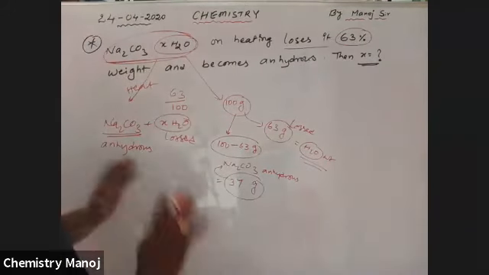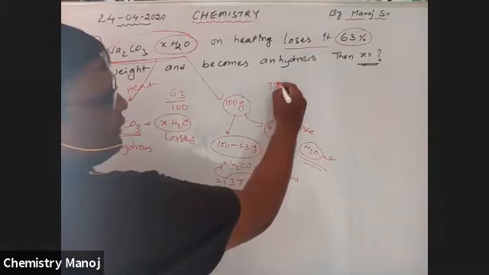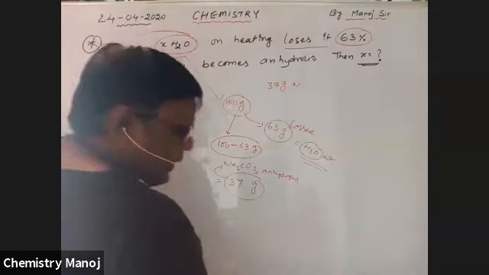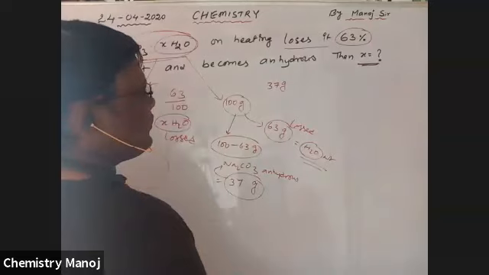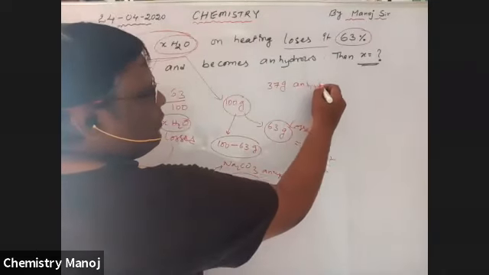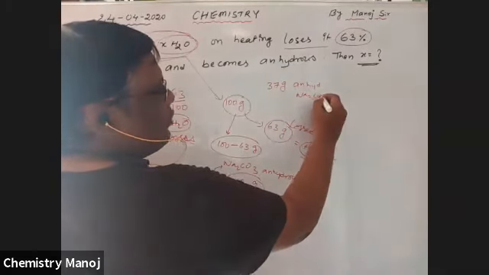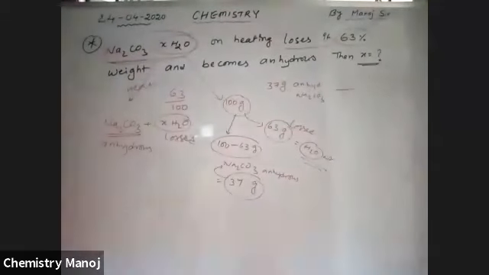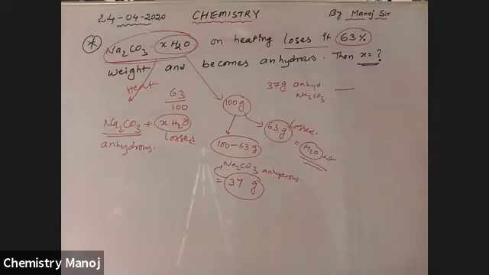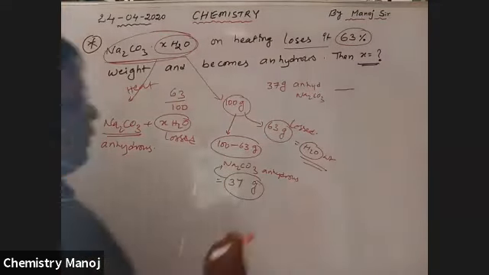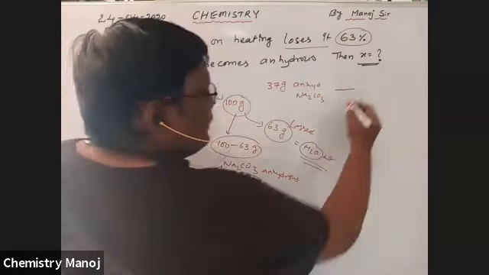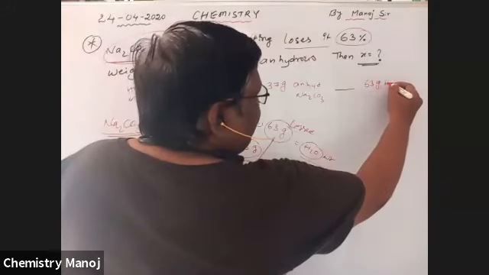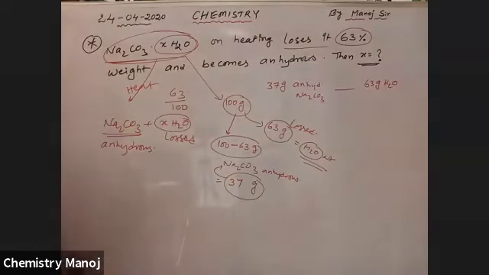That means 37 grams of anhydrous Na2CO3 has 63 grams of water. Okay.